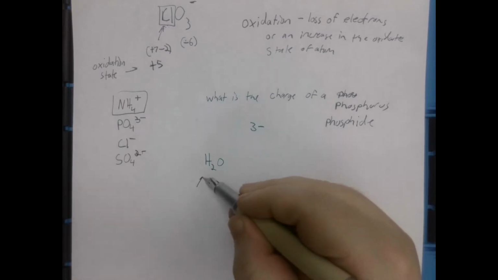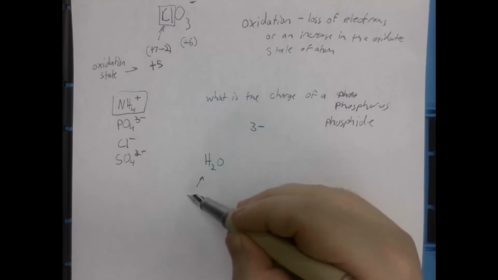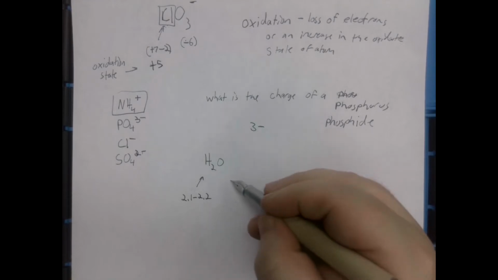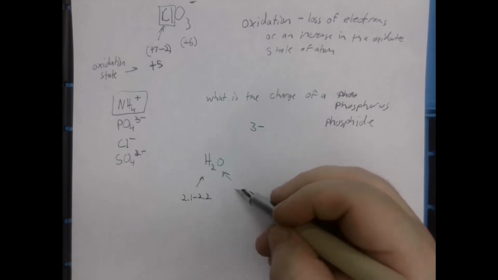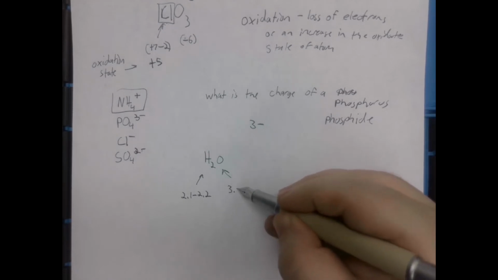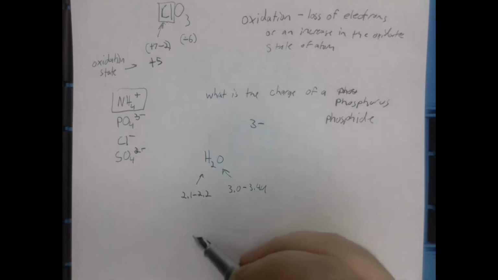So what is the electronegativity value of hydrogen? 2.1 to 2.2. And what about the electronegativity of oxygen? 3.0 to 3.44. So if you do 3 minus 2.1, that's 0.9.